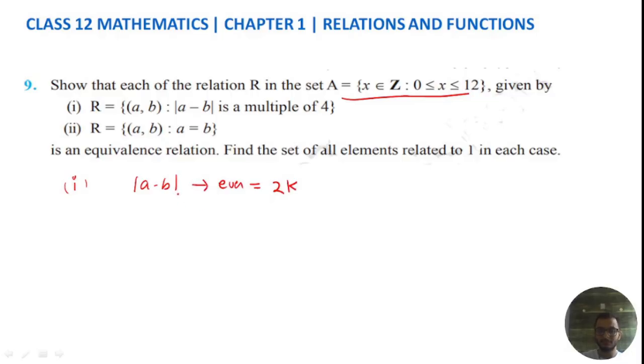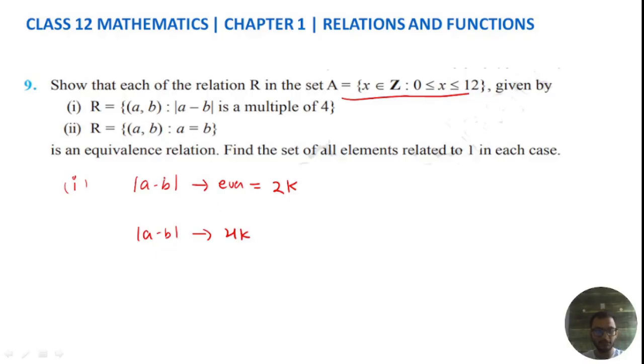So in the last question we had modulus of a minus b multiple of 2, and in this question we have modulus of a minus b multiple of 4. That doesn't change much, right? Only the number got changed. So you can follow the same answer by changing 2 to 4, or changing even to 4k. Nothing will change much. So you can go to that video and watch it to solve the first part.